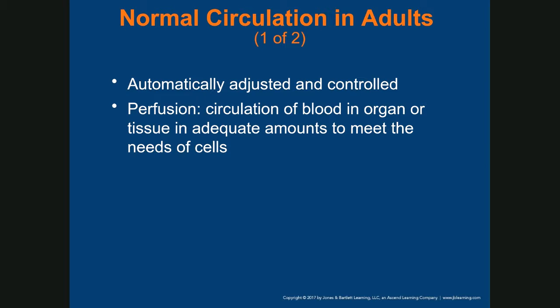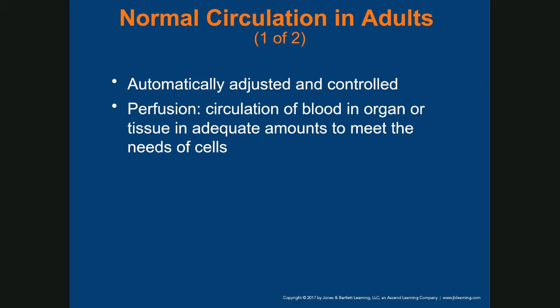So depending on the type of activity that you're doing, your body will adjust the tone of your blood vessels to ensure that adequate blood flow or pressure is reaching all areas of the body.